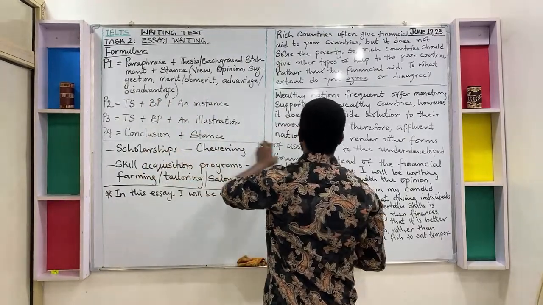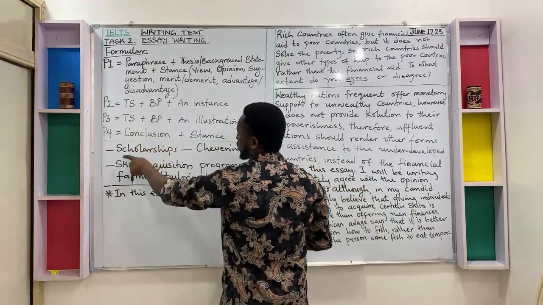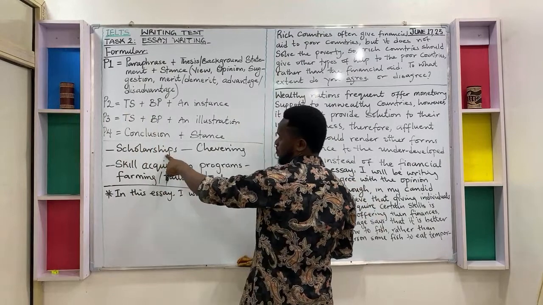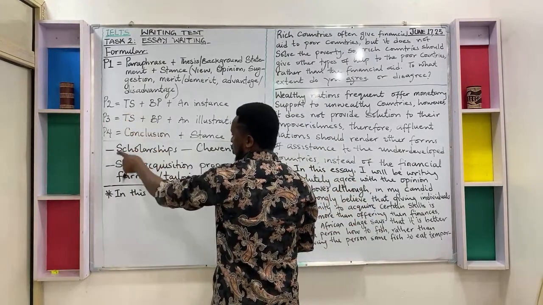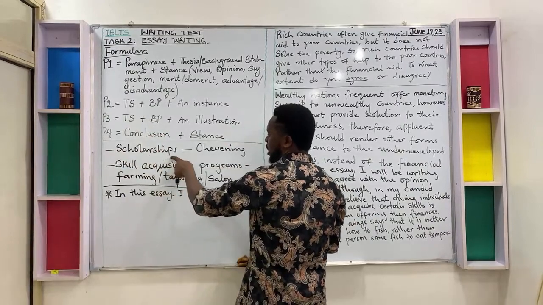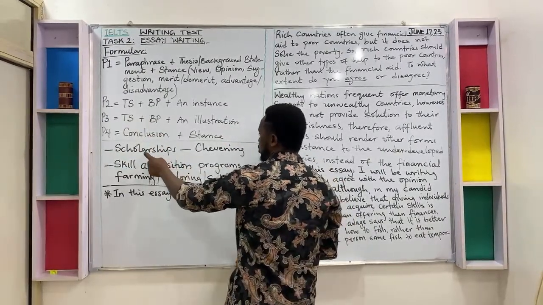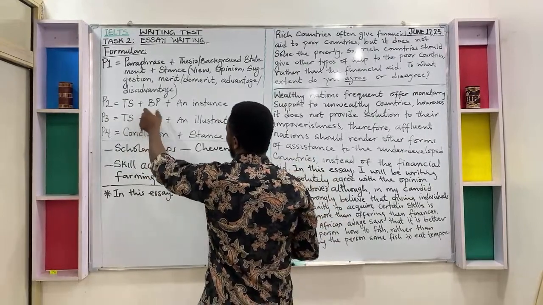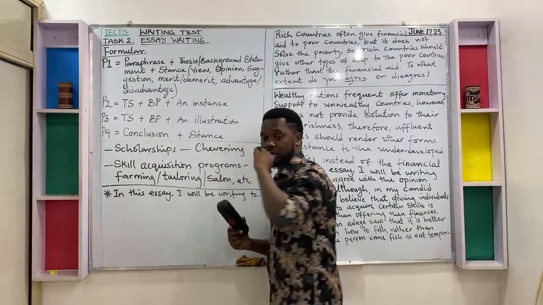So for paragraphs two and three, the topic sentence in paragraph two will now become your scholarship. That's the point you have dropped out. So, since you wrote scholarship as one of the points, you already know what you would like to discuss with regards to scholarship.